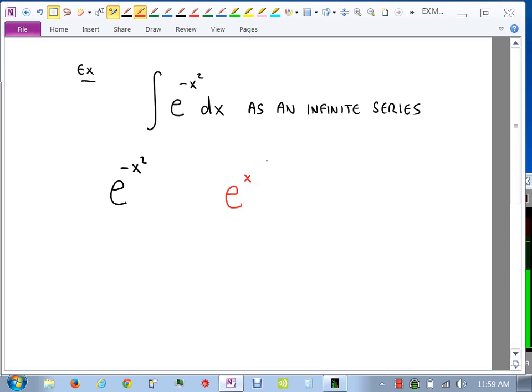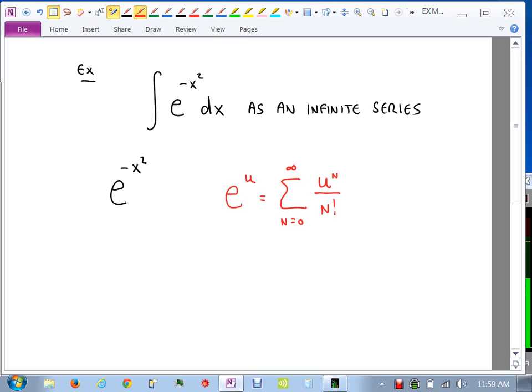If it makes more sense to you, you can look at that x being a u, and then the formula off the table becomes e to the u equals the sum n equals 0 to infinity of what? u to the n over n factorial, right?